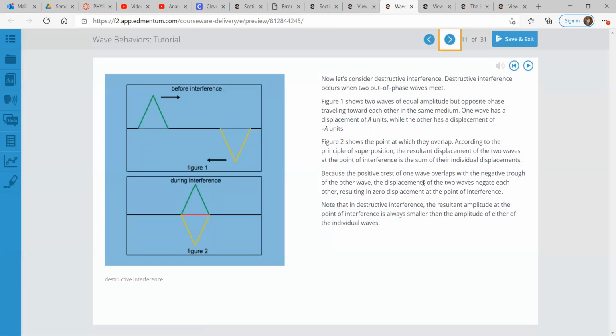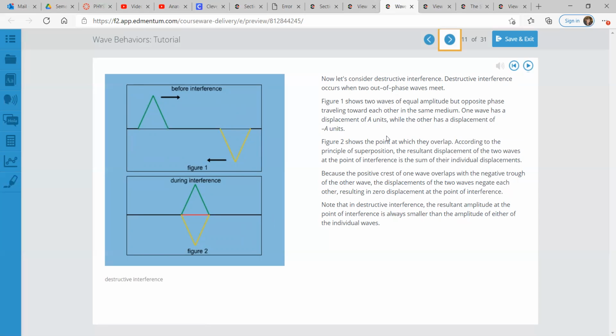Now let's consider destructive interference. Destructive interference occurs when two out-of-phase waves meet. Figure 1 shows two waves of equal amplitude but opposite phase traveling toward each other in the same medium. One wave has displacement A, while the other has a displacement of negative A. So one's over here and one's over here, and they cancel each other out in this type of interference.